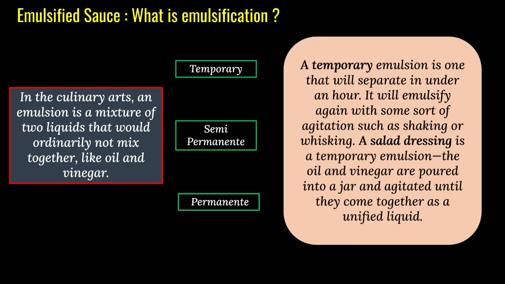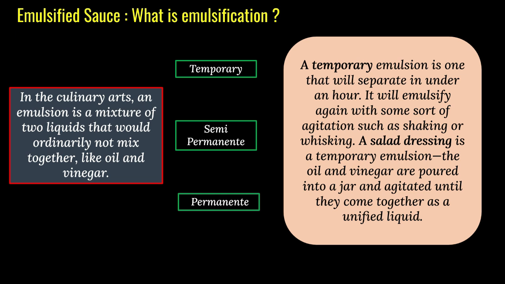A temporary emulsion is one that will separate in under an hour. That means initially it will mix, but within a short span of time there will be a tendency of separating again. It will emulsify again with some sort of agitation, such as shaking or whisking.